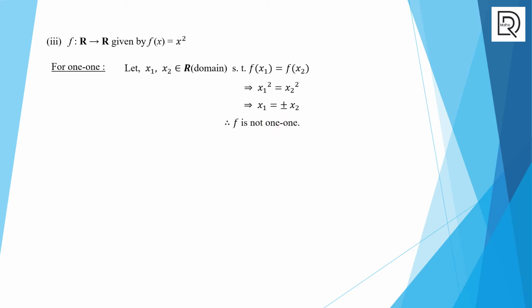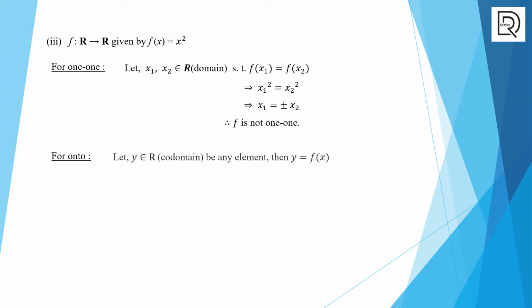So f is not one-one. You can show this function is not one-one in another way also. If you take the value of x1 as 1 and the value of x2 as minus 1, then clearly f of 1 and f of minus 1 are both the same, but 1 is not equal to minus 1. So we can say our function is not one-one.